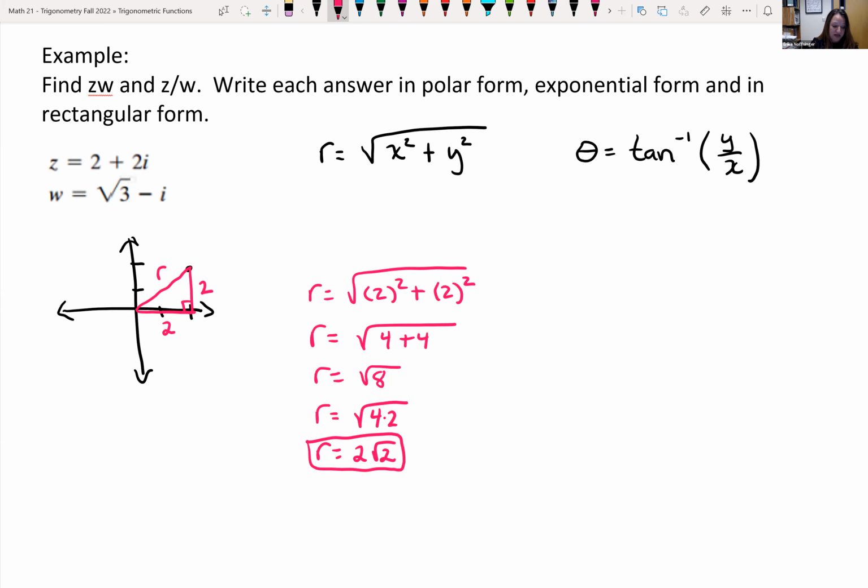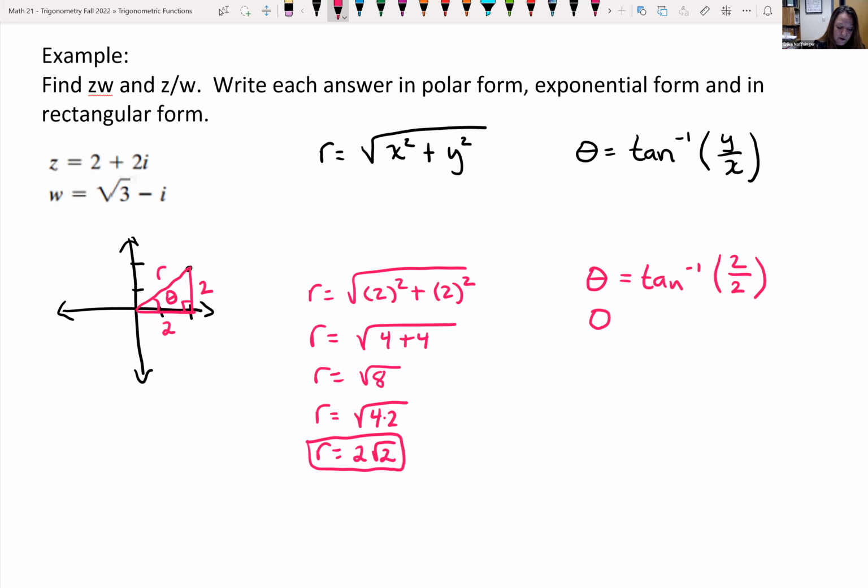I need to figure out what theta is. So looking at my triangle, the values that were given to us are the opposite and adjacent. And again, we know that tangent deals with opposite and adjacent. So theta is equal to tangent inverse of my y value, which is the opposite, 2, over my adjacent value, which is x, which is 2.